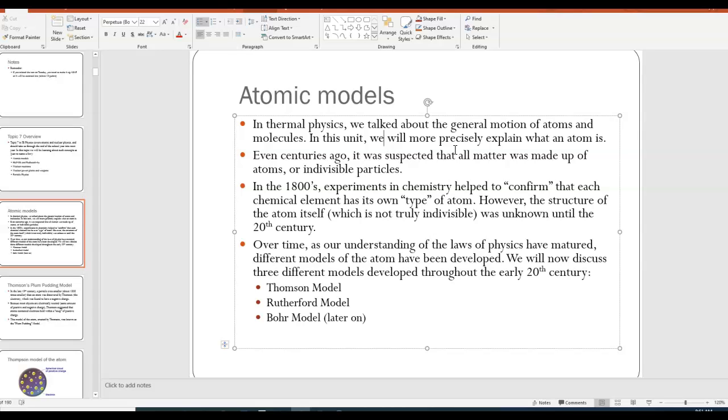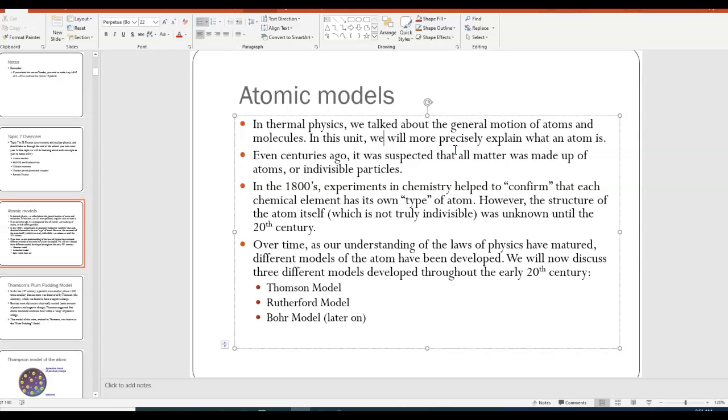It comes from the Greek word for indivisible, meaning you can't make it any smaller. And so, of course, thousands of years ago, we didn't know that atoms actually existed. It started off, like I said, as a philosophical type of question. And so moving on into the 1800s, we start to see chemistry being developed. A lot of scientists at the time were doing chemical experiments, and they discovered through lots of different experiments that there were different types of chemical elements.